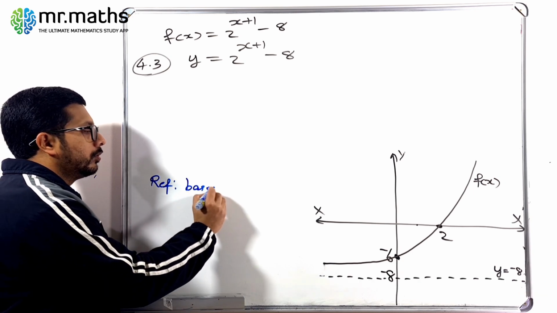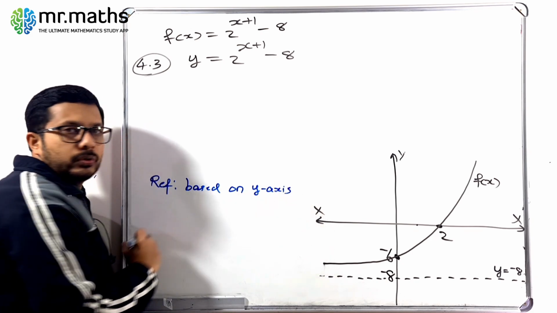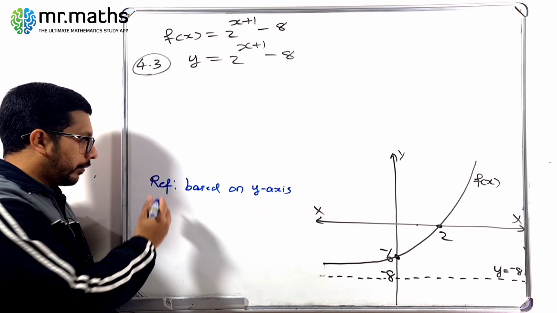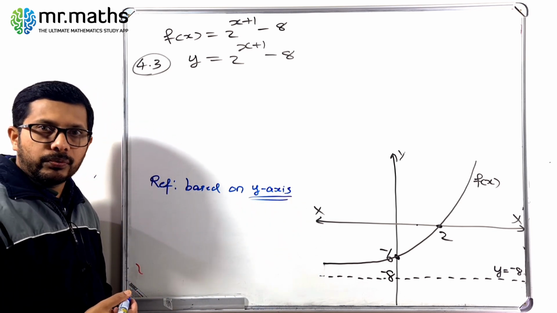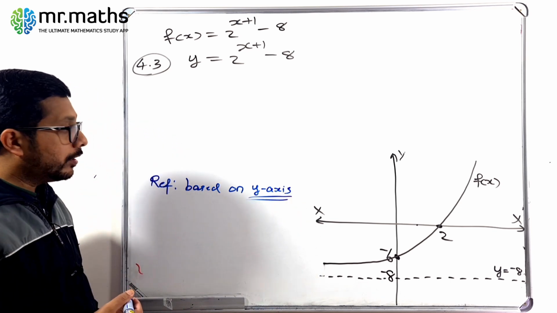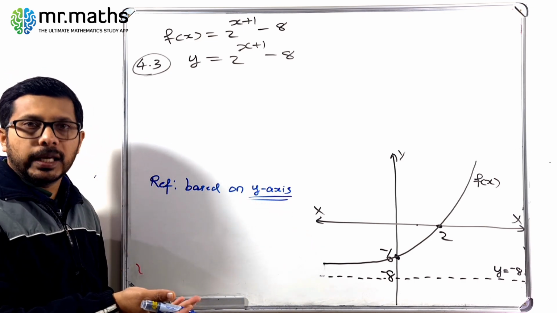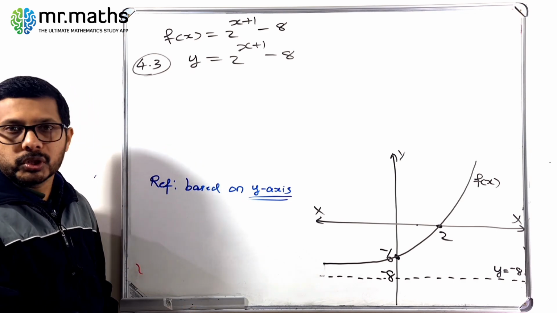If the reflection is based on the y-axis, you are supposed to change the sign of x. Positive x becomes negative, and negative x becomes positive.